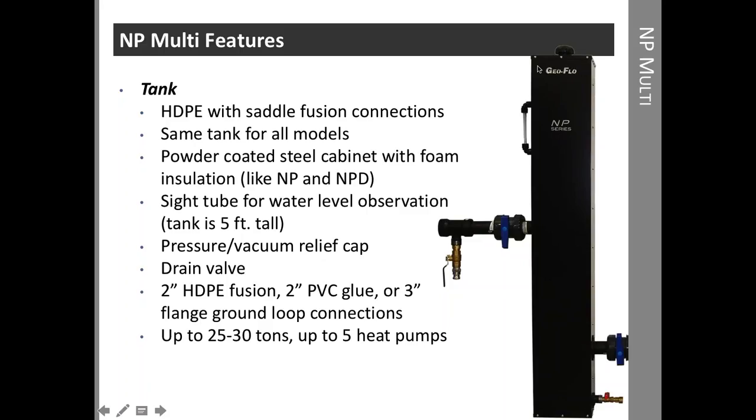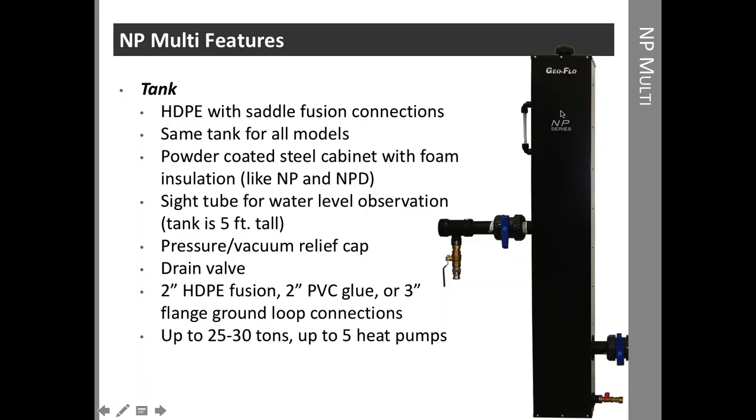Because of the height of this flow center, it's a little bit hard to look in through the top of the cap, and so the sight tube will tell you what the water level is, and if we're between the bottom and the top of this sight tube, we know that the water level is appropriate. At the top above the sight tube then will be a pocket of air. So this essentially acts as your expansion tank.